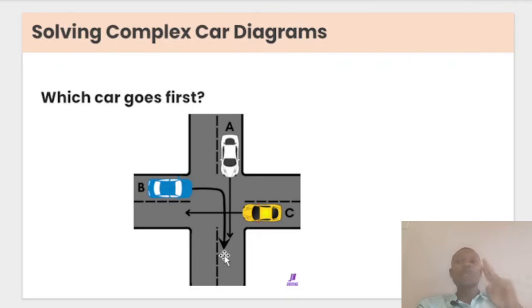So we already have two road rules. With the first road rule we arrived at car B, but car B cannot turn right in front of oncoming traffic.